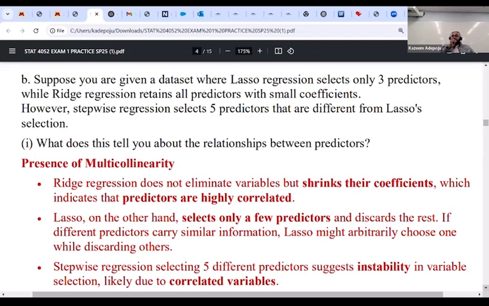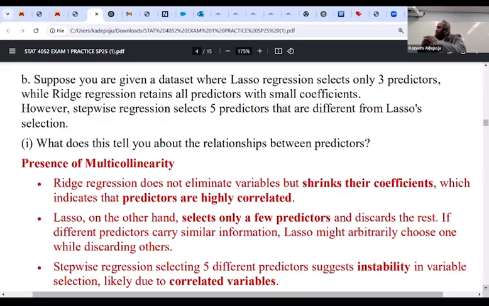Then I'll say, however, stepwise regression selects 5 predictors that are different from lasso's selection. Now, what does this tell you about the relationship between predictors? Look at that. The variables selected by lasso are different from the variables selected by stepwise regression. What does that tell you?